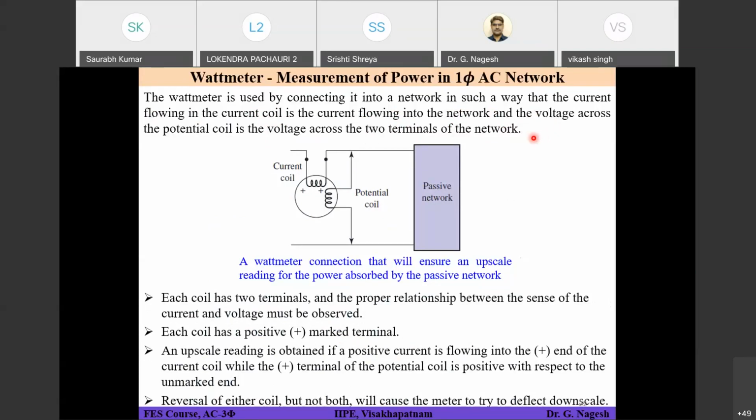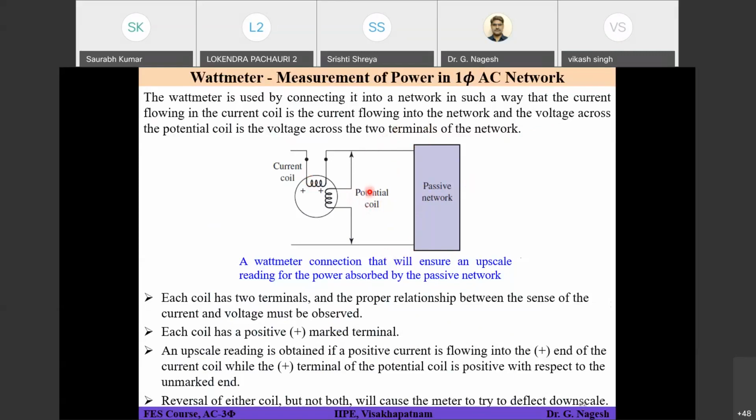Let's say this is the passive network, and you want to measure how much power is flowing into it. The wattmeter will give you 4 terminals: the current coil has 2 terminals and the potential coil has 2 terminals. These 4 terminals you have to connect to your passive network.